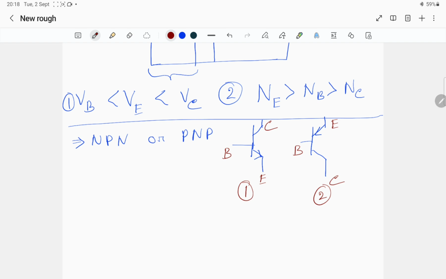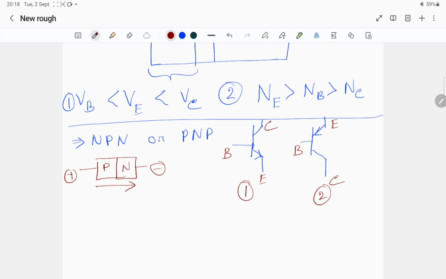Now we can see that in the first one current is moving from base to emitter, right? Now it is in forward bias. We know that for a forward bias, if I have a PN junction, say this is P, this is N, and I put a positive there and a negative there, the current path would be from P to N.